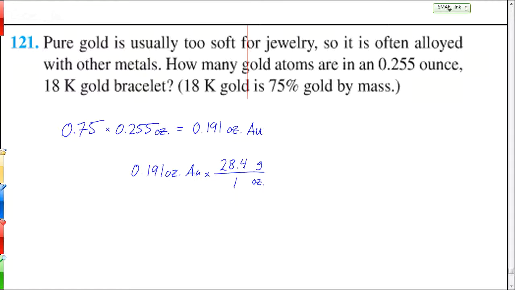28.4 grams per ounce. And then we want grams per mole. So that is 197 grams per mole for gold. And then we want the number of atoms in 1 mole, which is 6.02 times 10 to the 23rd.